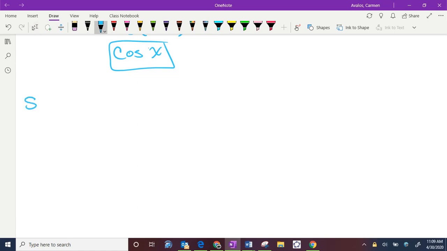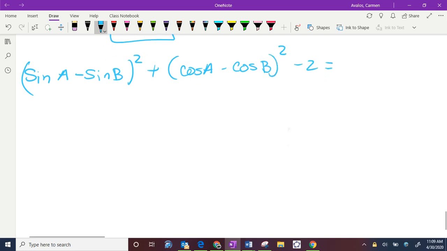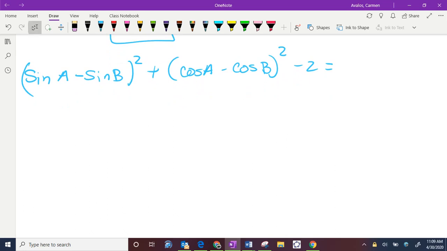And so if we have the sine of A minus the sine of angle B, quantity squared, plus the cosine of A minus the cosine of B, quantity squared minus 2, what do we get? Well, this is algebra, and you have to expand it, and you're going to get a lot of stuff.